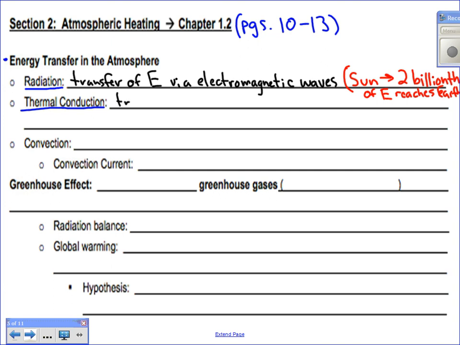So, transfer of thermal energy or heat energy, I'll abbreviate that, through materials.